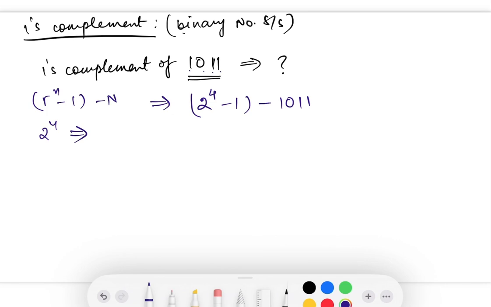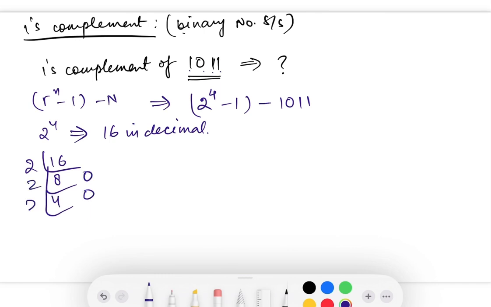We know in the decimal number system it is 16, but it is in the decimal number system, it's not in binary. So 16 in binary will be, I'm converting 16 in binary.